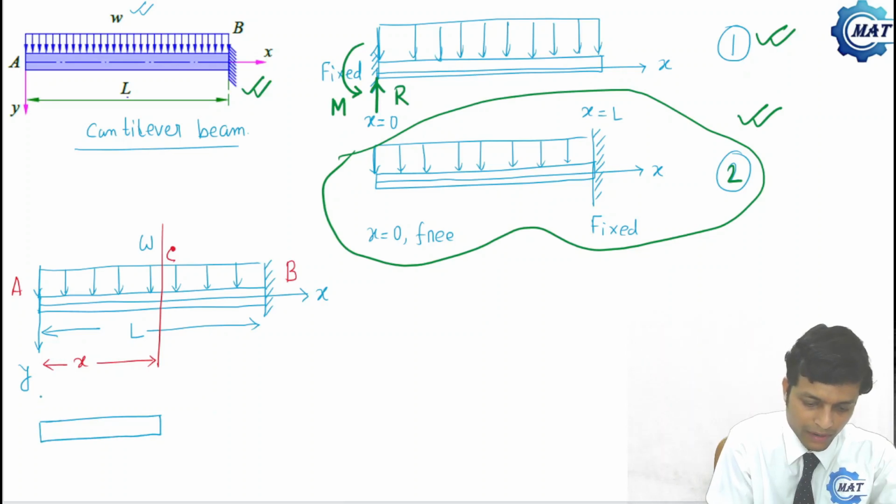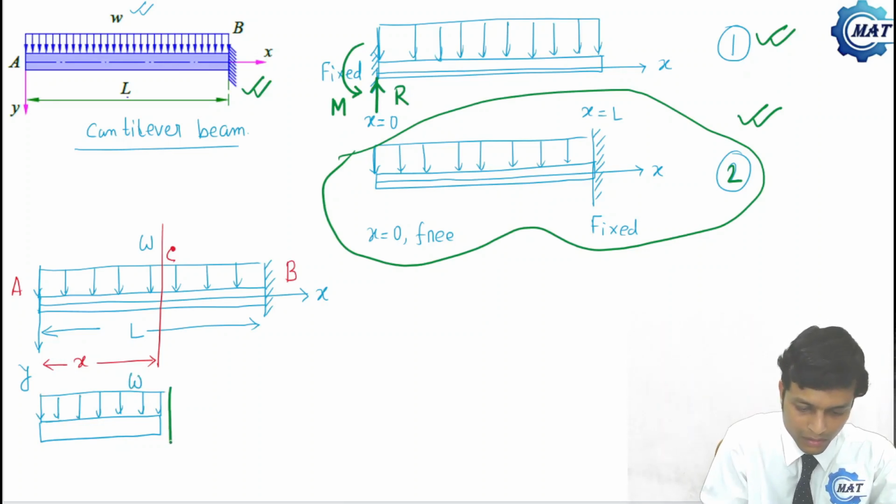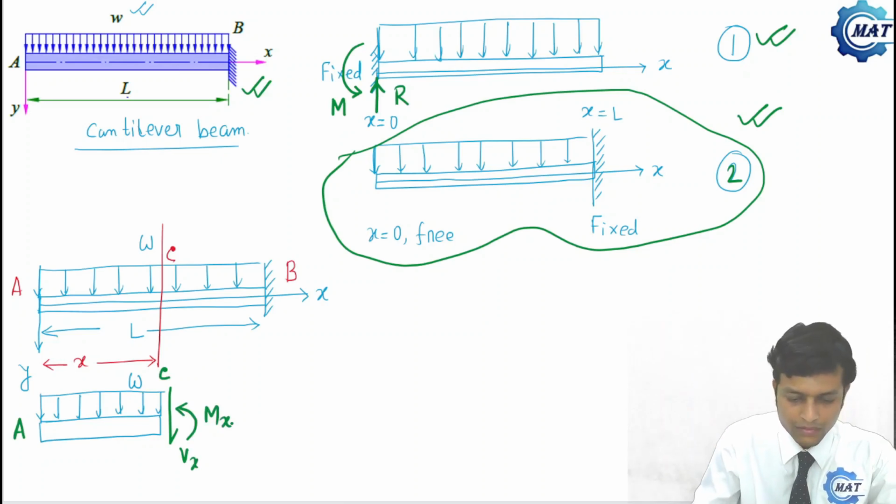The free body diagram is like this. Load intensity is w. This is C, this is A. Shear force is Vx and bending moment is Mx.